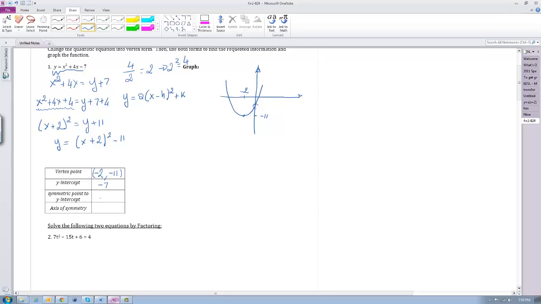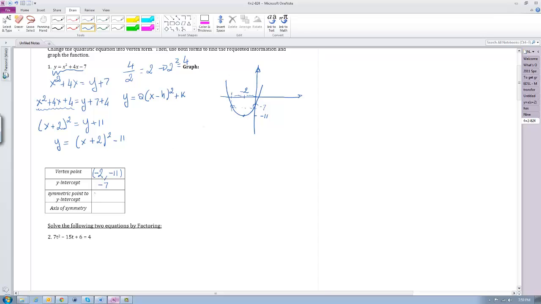The symmetric point to the y-intercept would be this point on this side, and as we know, this will have the same y as the y-intercept, and the distance between the vertex and that point is going to be exactly the same. So the only thing we need to do is multiply the x coordinate of the vertex by 2.